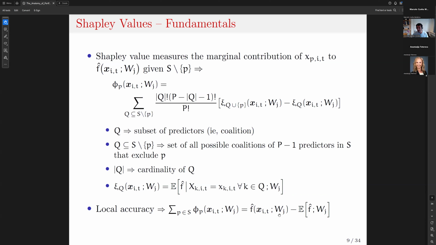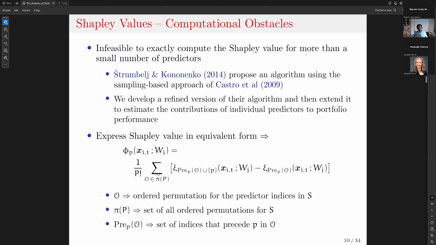But you can decompose this prediction in deviation from the empty coalition as the sum of all Shapley values, right? So that's really neat. It's infeasible to compute exact Shapley values for more than a small number of predictors, which goes to your question, Emmett.